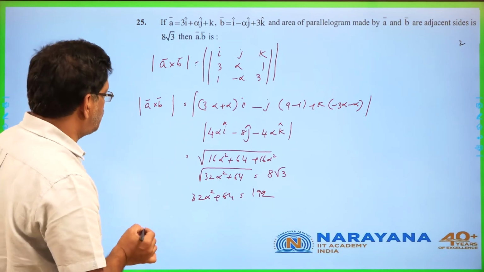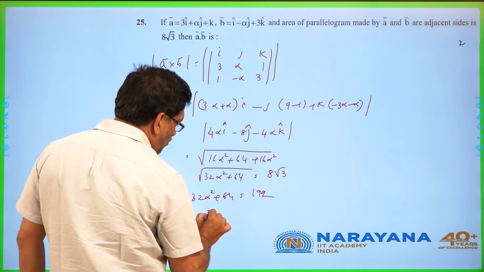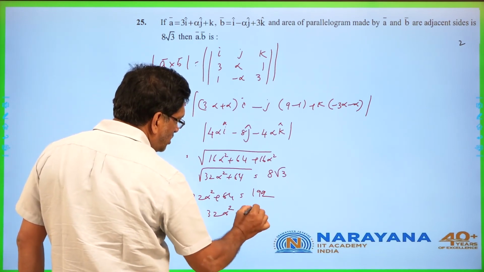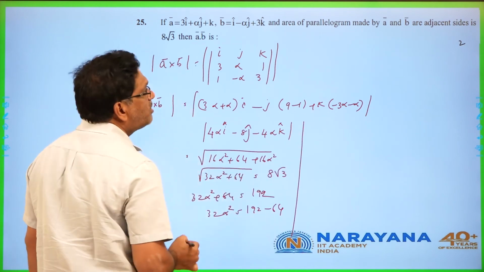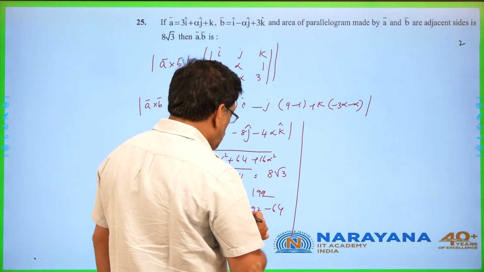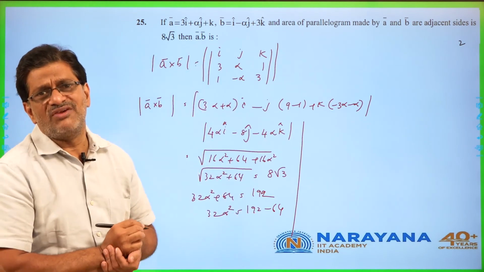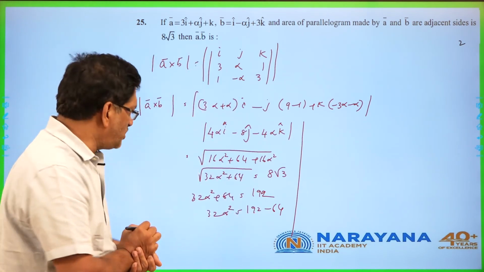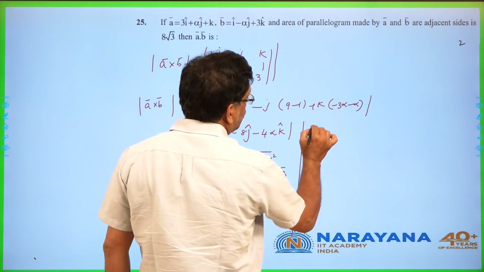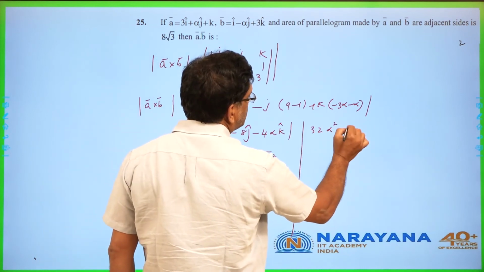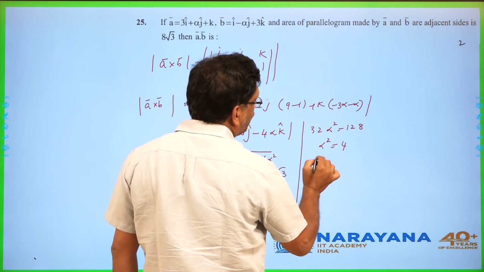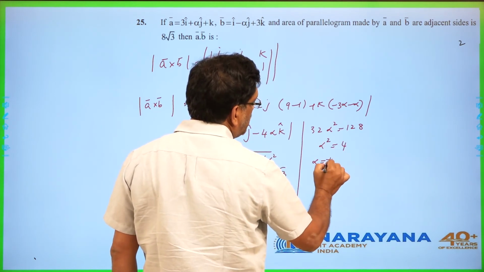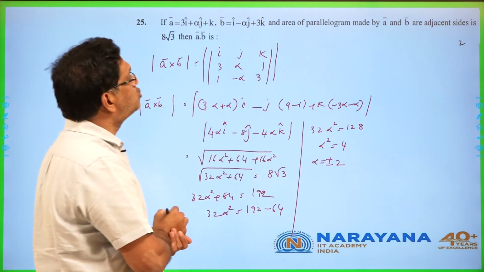From this, let us find out alpha. 32 alpha square equals 192 minus 64, that is 128. So 32 alpha square is 128. Alpha square is 4. Alpha is plus or minus 2.